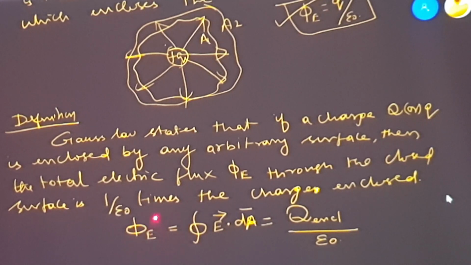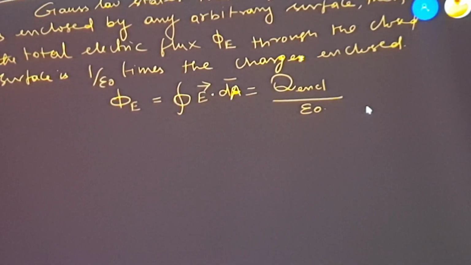So phi of E is equal to the closed integral of E vector dot dA vector, which is the general formula, and it equals the total charge enclosed divided by the permittivity epsilon 0. Hope you have understood this concept. It is a very important 3-mark question, Gauss law.